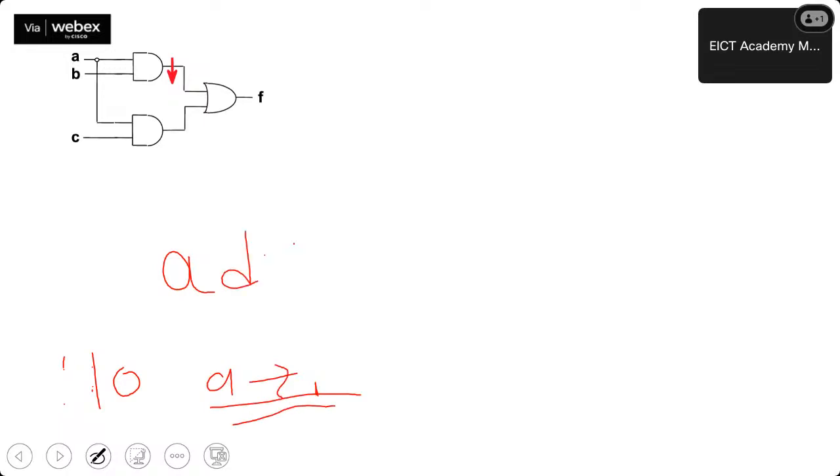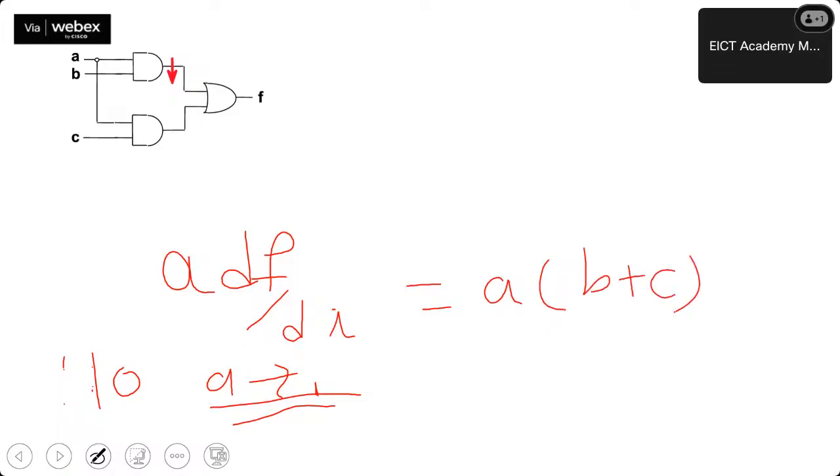So just AND this with the Boolean difference d by dA and it's going to give you A B plus C. What does it mean? It means that is equal to 1.